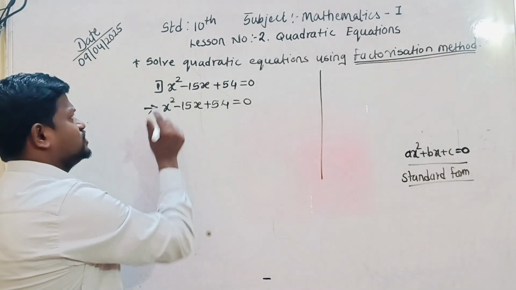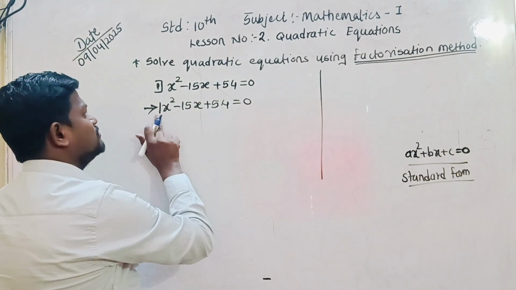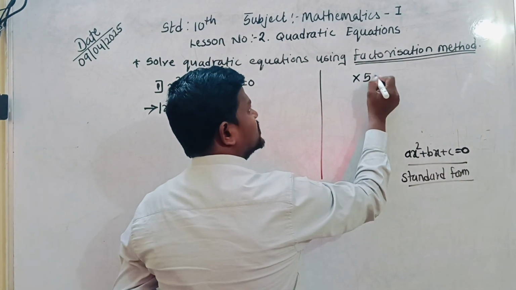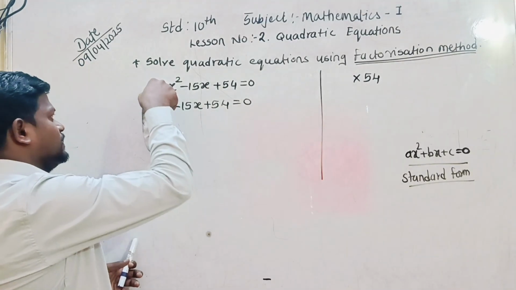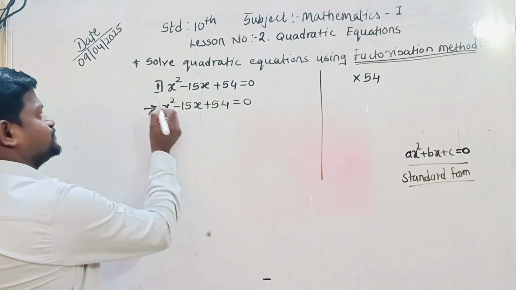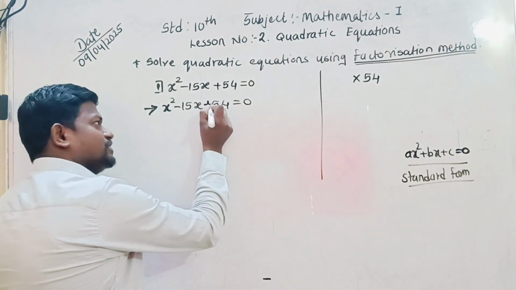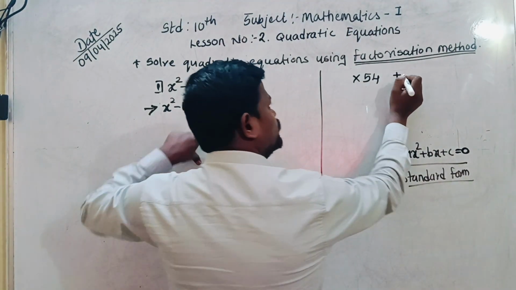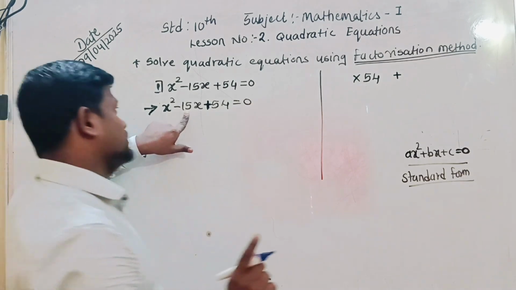Here the first coefficient is 1, so 1 multiplied with 54, after multiplication we get 54. Now let's check the last sign of the equation. The last sign is plus, so we put a plus sign here and select the middle number. The middle number is 15.